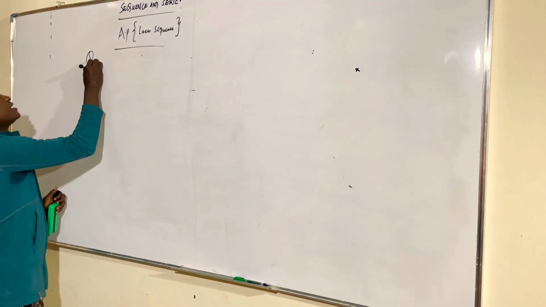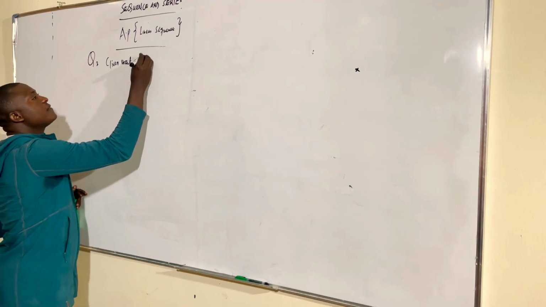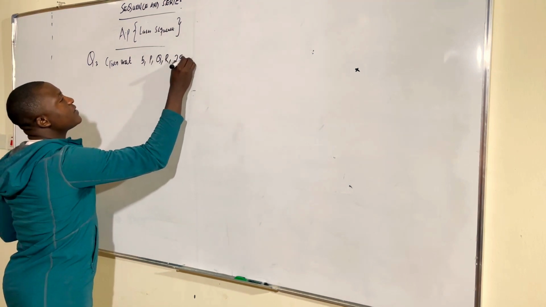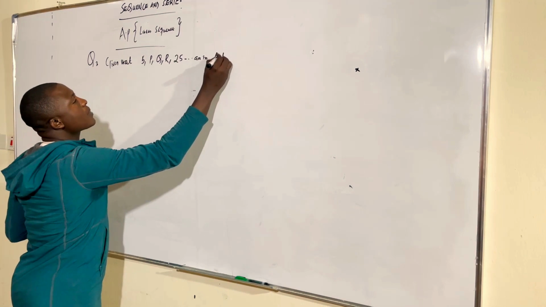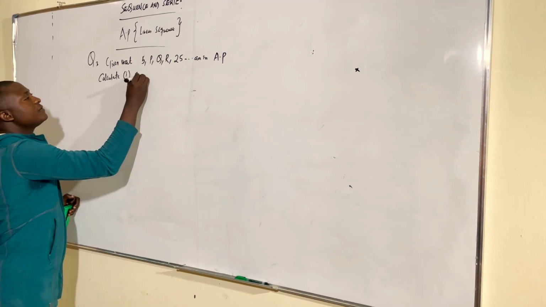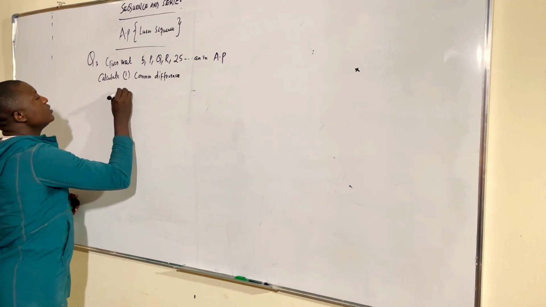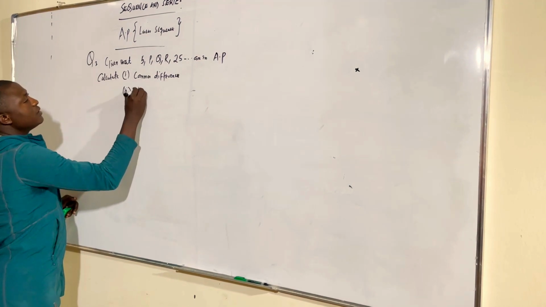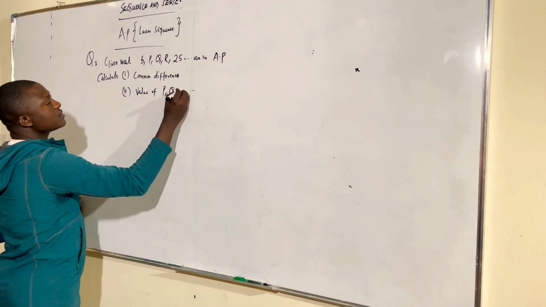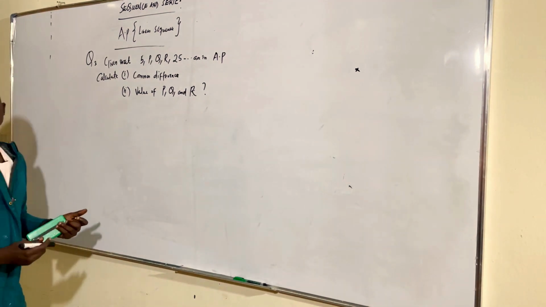For example, they say given that 5, P, Q, R, 25 are in AP, calculate one, the common difference, and two, the value of P, Q, and R. You can see here is another problem, but it's simple and straightforward.